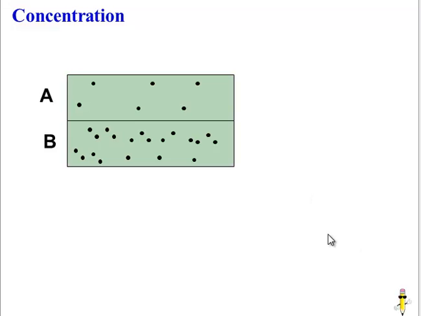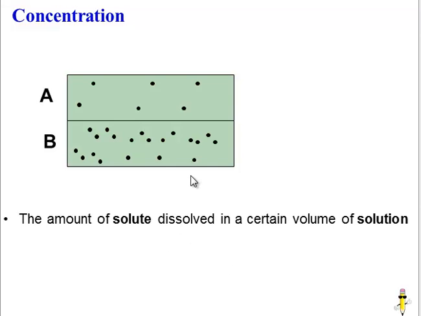Now, different solutions can have different concentrations. For example, if we compare solution A to solution B, we can see that solution B has many more solute particles than solution A does. And so we would say that solution B is more concentrated. So concentration just refers to the amount of solute that is dissolved in a certain amount of solution.